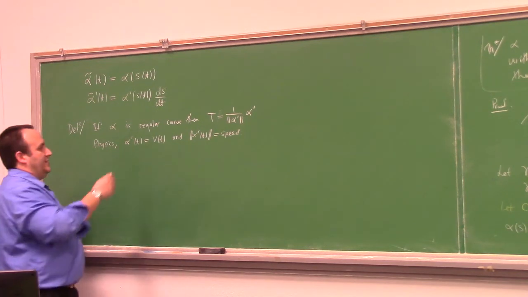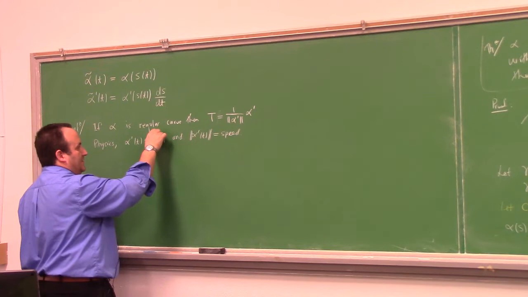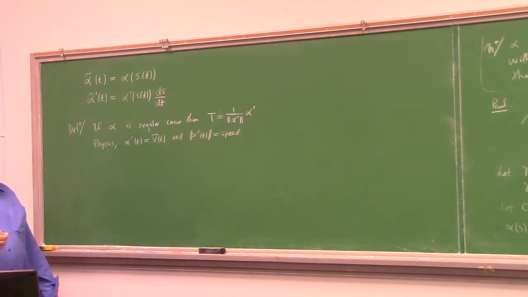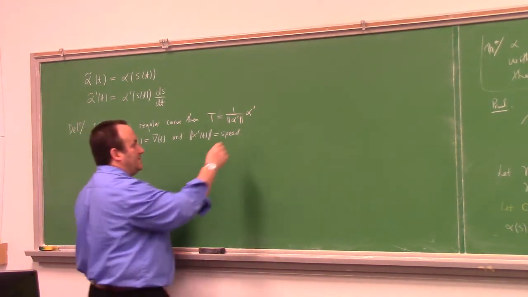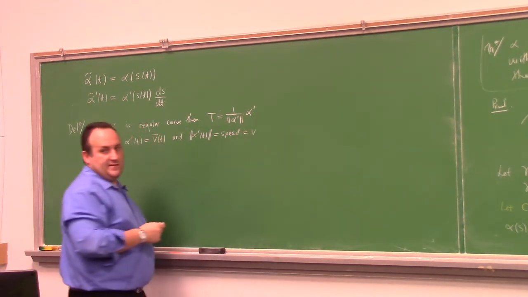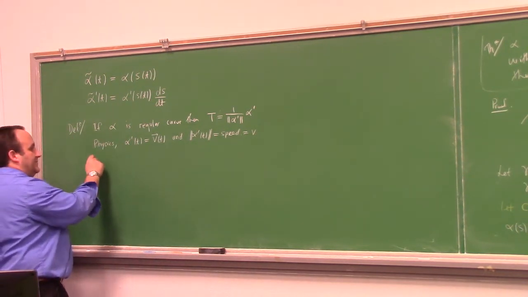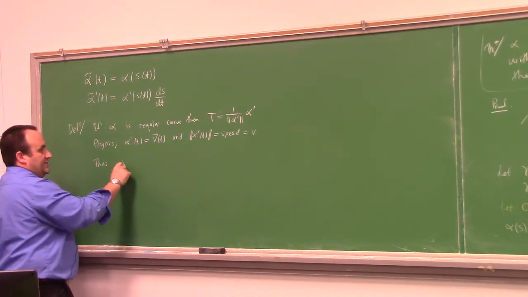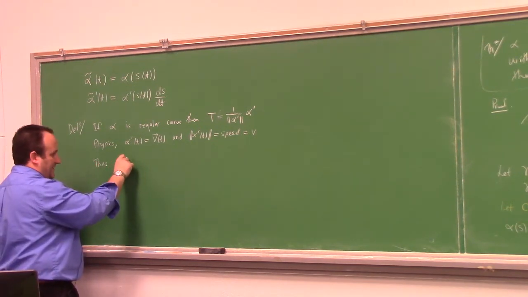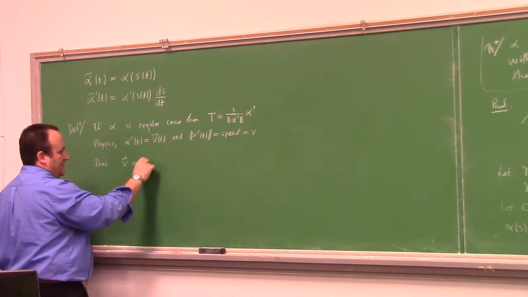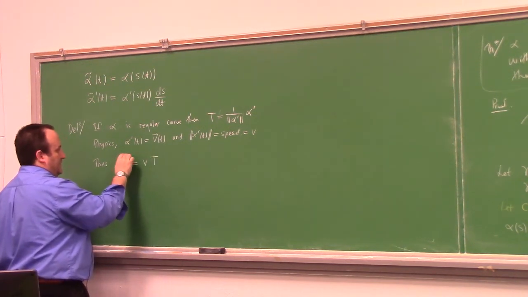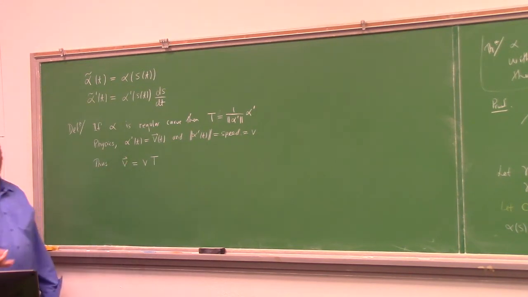In fact, I'm going to put a vector on the v to make full contact with physics notation. And physics notation would denote the speed by just v without the vector. That's their typical notation. So in this way of thinking, the velocity v is equal to the speed v times the unit tangent vector. So the unit tangent is the direction of the velocity, in the sense of a unit vector being the direction of a vector.